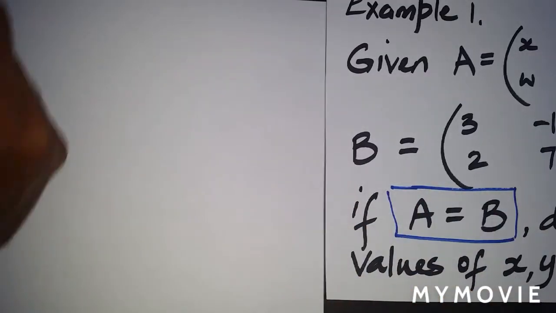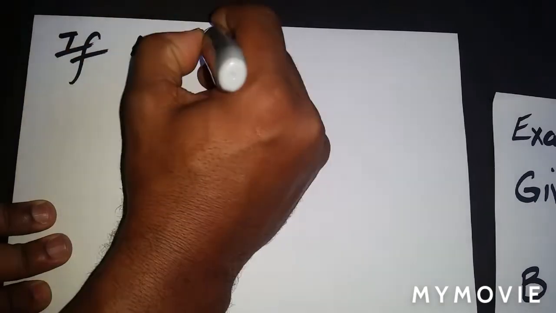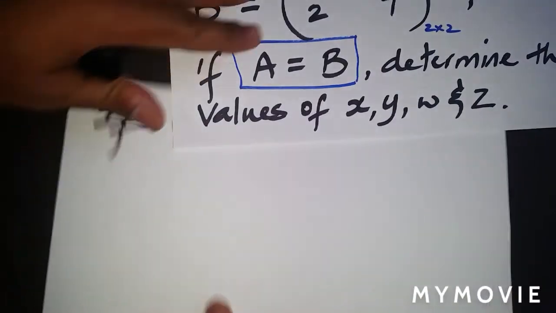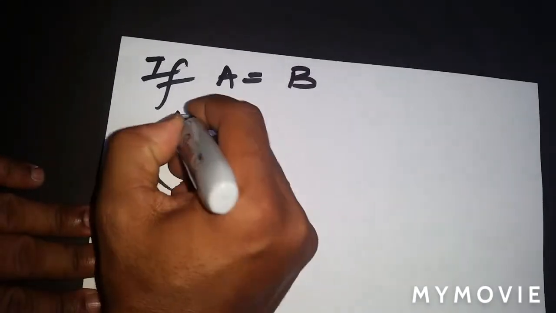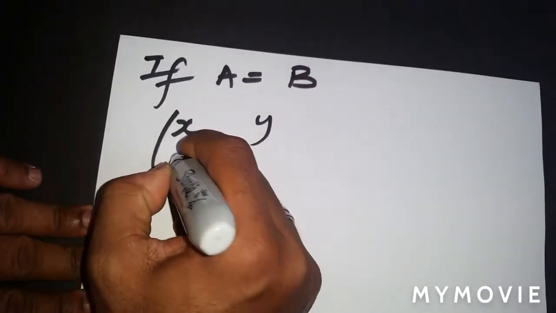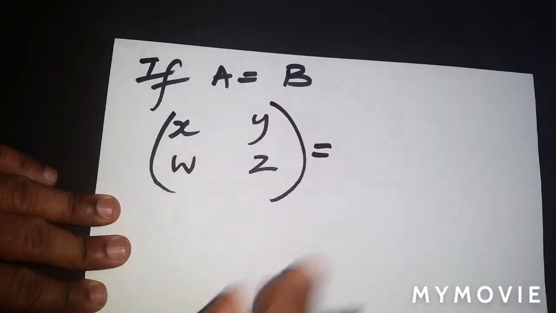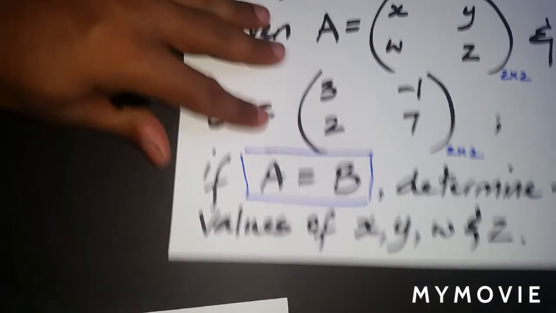If A is equal to B, it means that matrix A, which is X, Y, W, Z, is equal to matrix B, which is 3, minus 1, 2, 7.